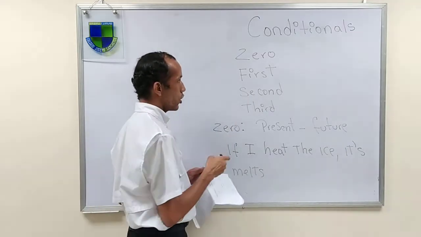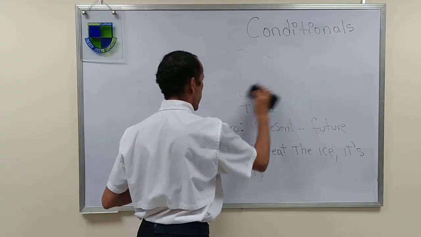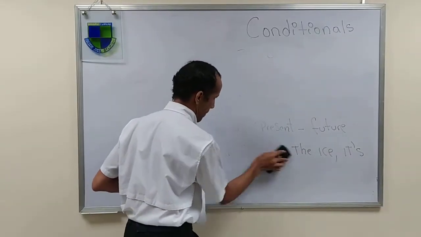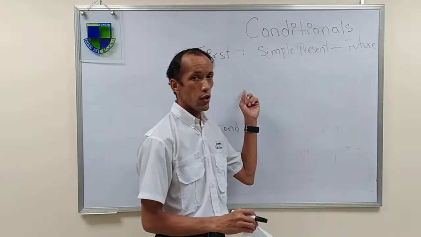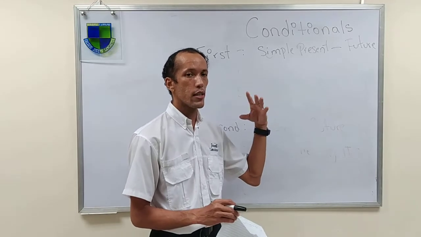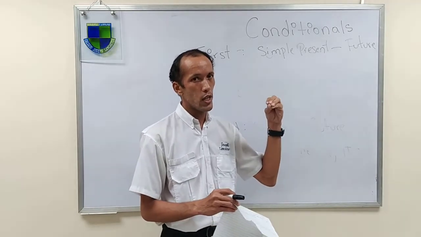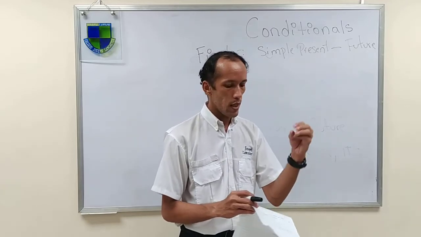So you have a good example of that. Now the first conditional. Let me check it for a moment. In the zero conditional, it is something that is remembered: situations that are true, situations that are real.